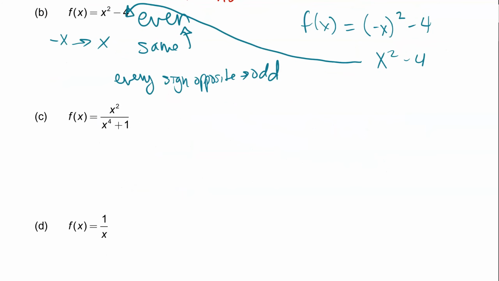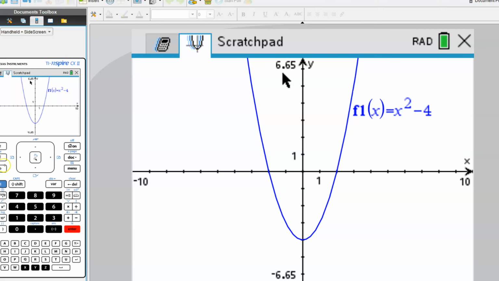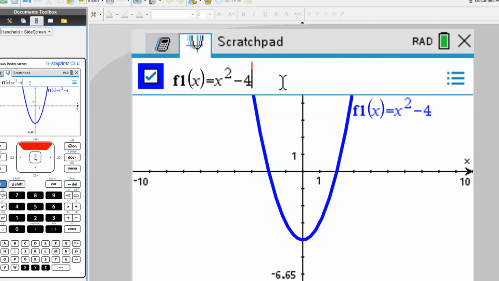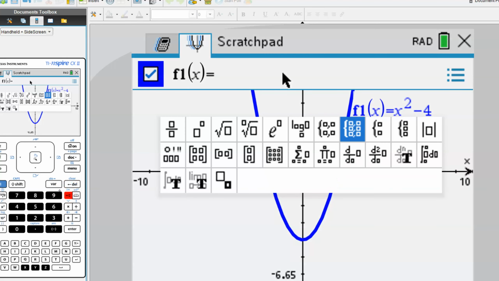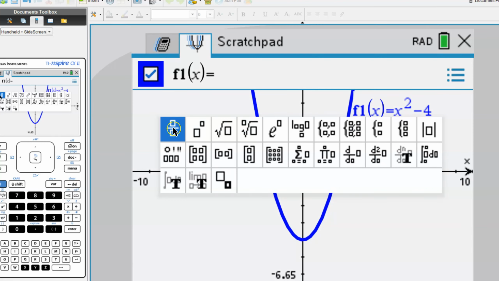All right, let's try the next one. Have to push tab to get back. Delete everything I had before. So for the next one, okay, I'm going to be fancy. I'm going to use my template key. I'm going to make a fraction.